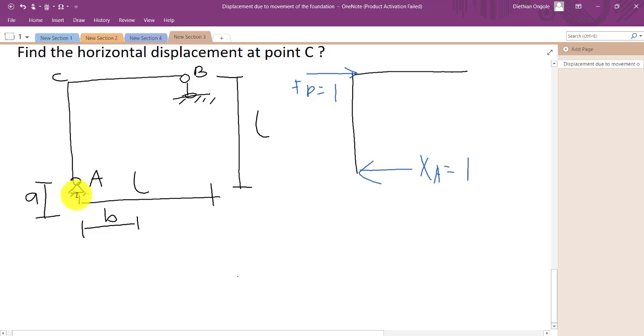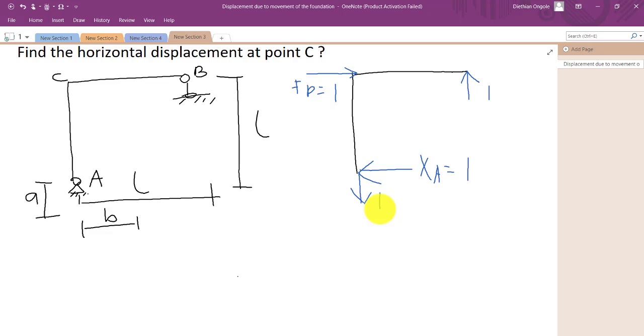Here we have L and then L. So that implies that we must also be having a couple to counteract the same forces. Therefore, here we shall be having a couple that causes the system to turn in the anti-clockwise direction, that would be upwards. So we shall be having this one and then this one here acting opposite to that one above. So their magnitude must be equal to 1, and this one here must also be equal to 1.